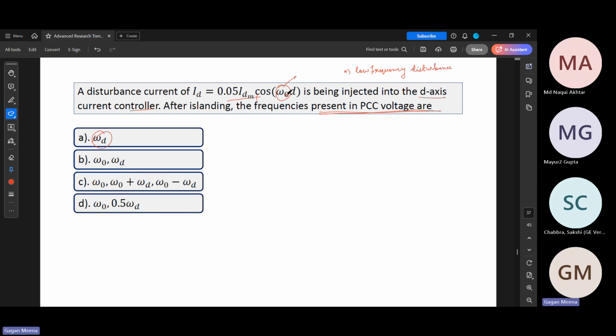This is not correct, this should be cos of omega d. So omega d is the disturbance frequency. Omega naught is the fundamental frequency. Which option do you think is correct?